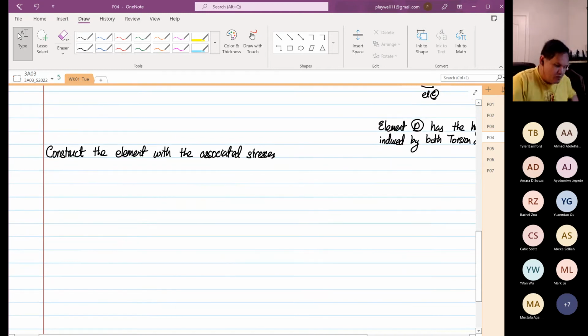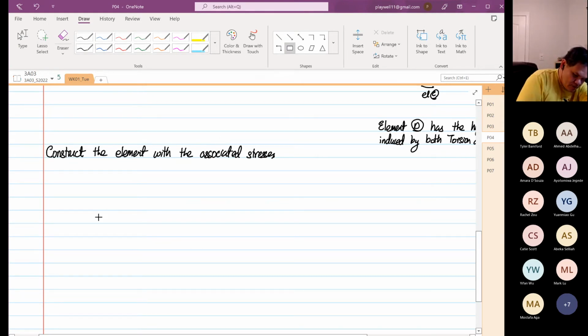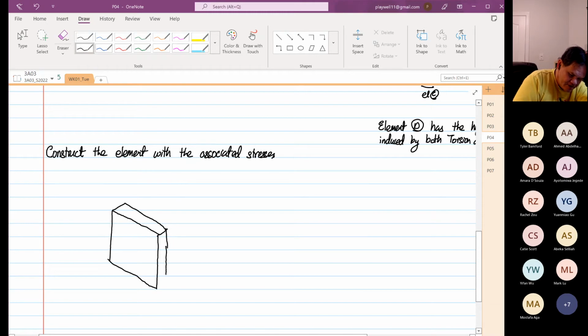Okay, so now you are ready to construct the element. So it is a 3D problem. You construct an element in 3D. This is just an example.